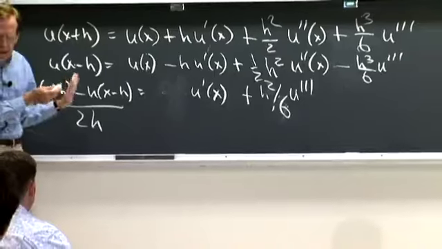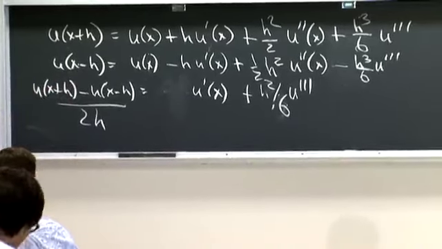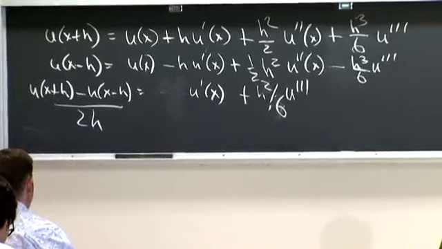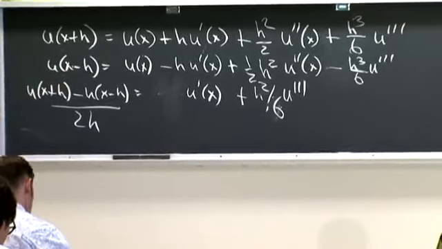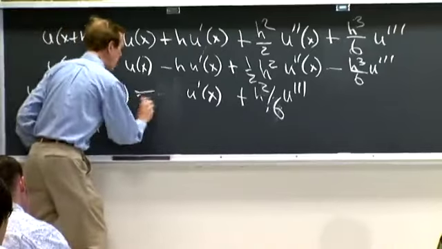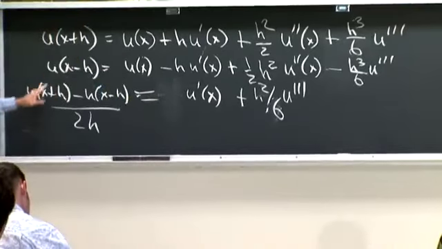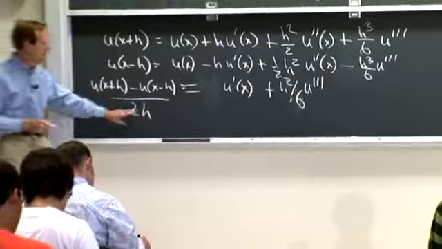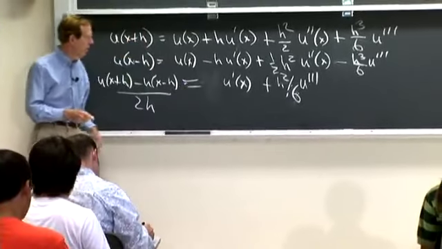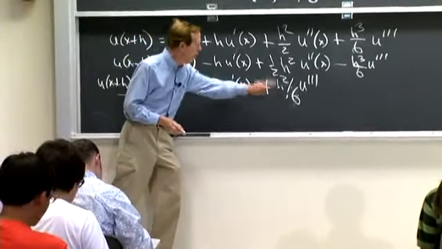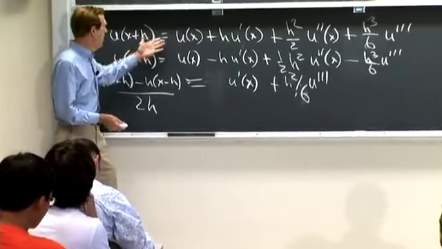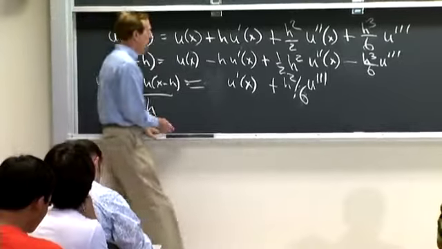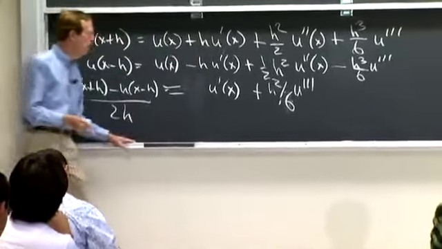I've done what looks like a messy computation. I'm a little sad to start a good lecture, an important lecture, by such grungy stuff. But here it makes the key point that the center difference gives the correct derivative with an error of order h squared, where for the first differences the error would have been order h.